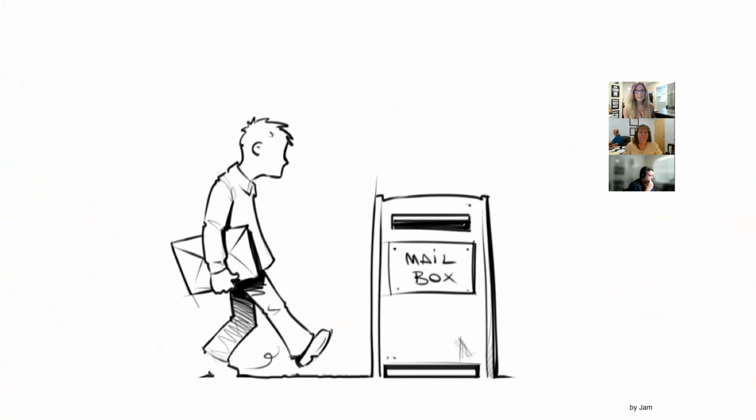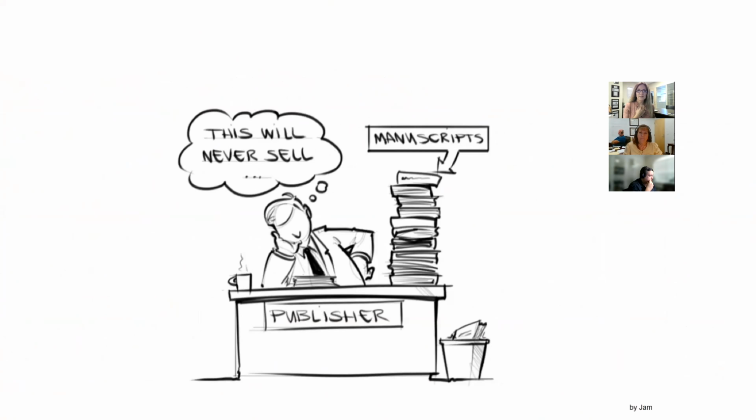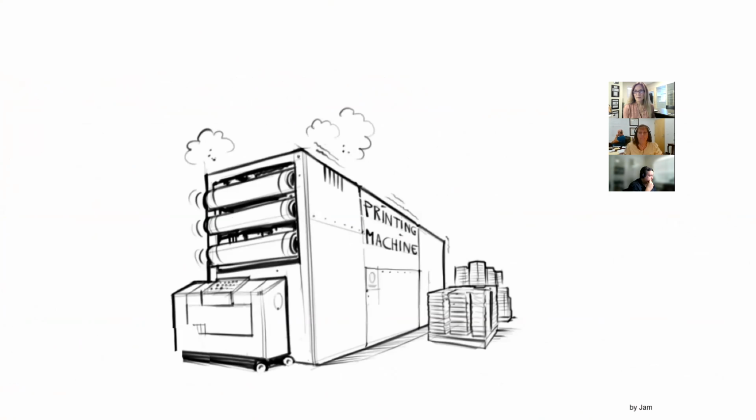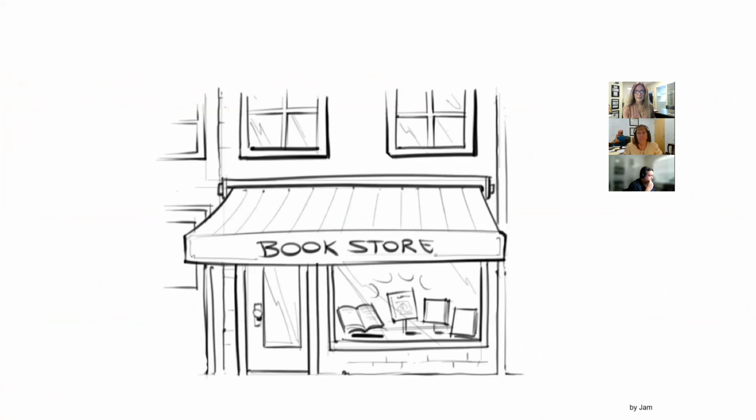So they finished writing it, and then they found that these books would actually never sell, because there are a lot of things that need to happen: printing, marketing, taking the books to stores.